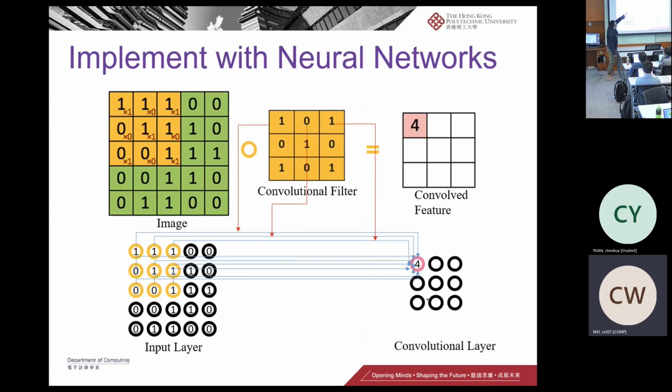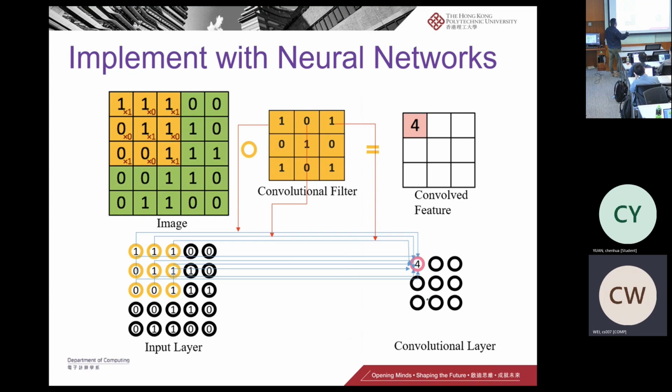You can see here's a filter, and the convolution is where you apply that filter on the image. You can think of every pixel of an image as a single neuron. You can connect every pixel to one neuron, right? Because every pixel has a value and it can be used as an input for the input layer, right?